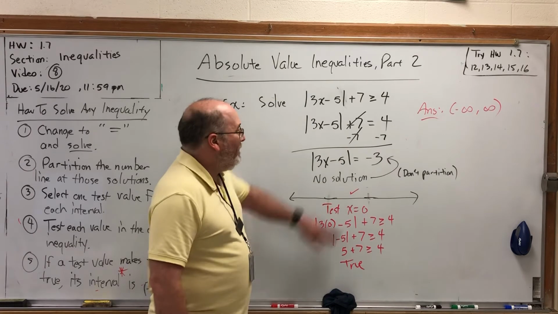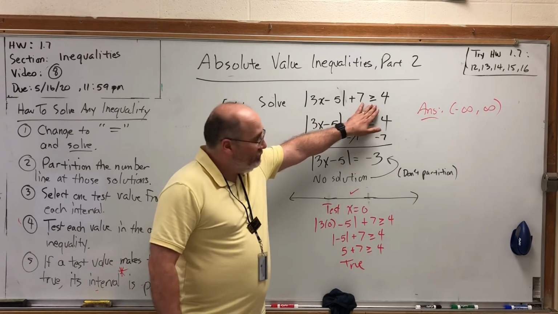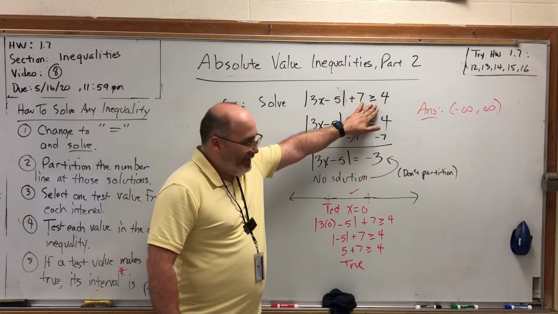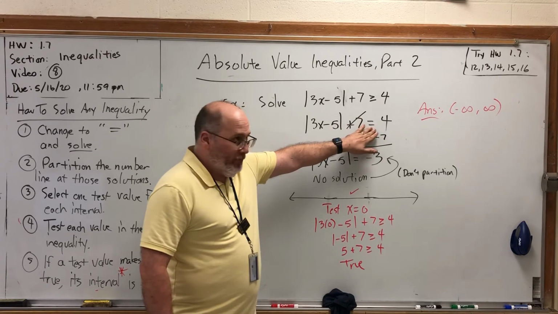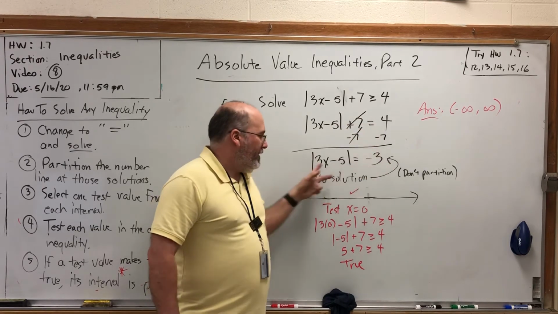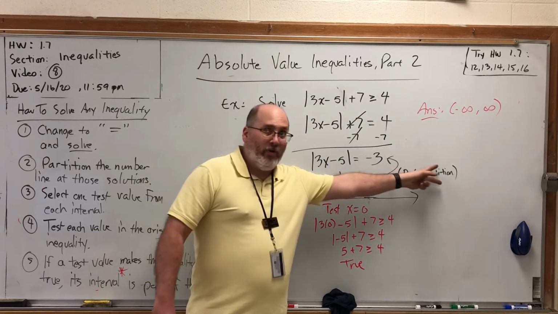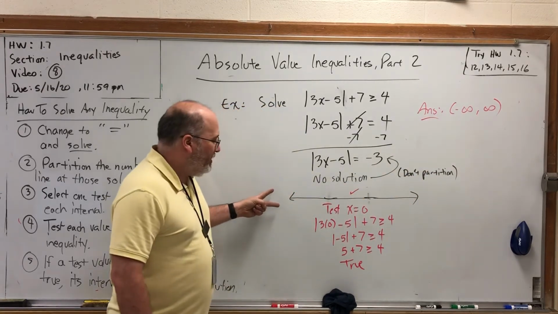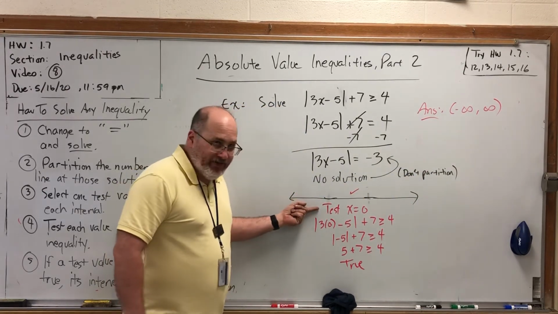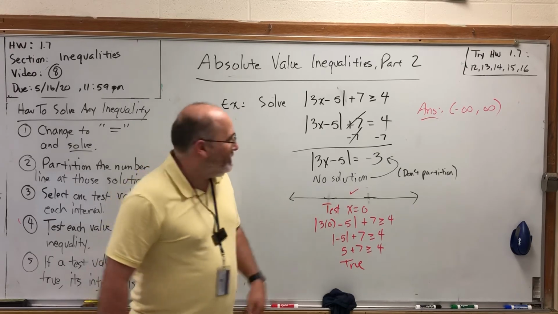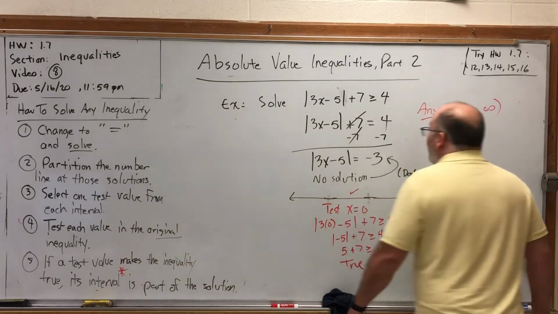What would happen if it had said less than? If it had said less than, this still would have been equals. We still would have gotten no solution. We still would not have partitioned. We still would have had one interval. We still would have picked one test value, and we would have tested it in the original inequality.